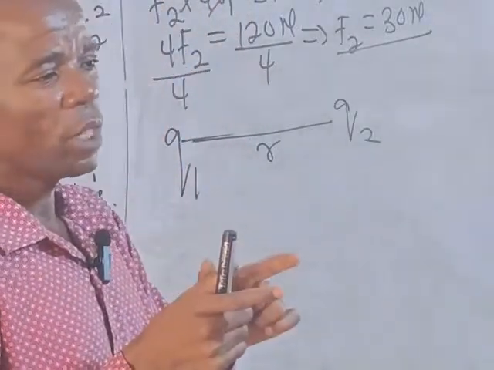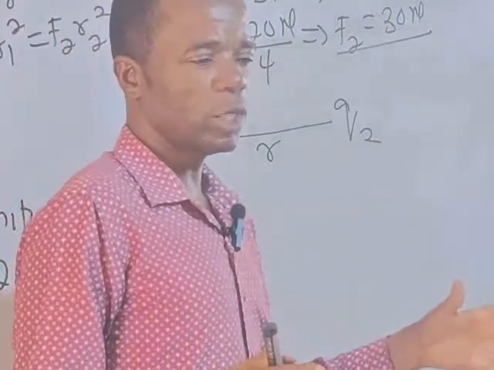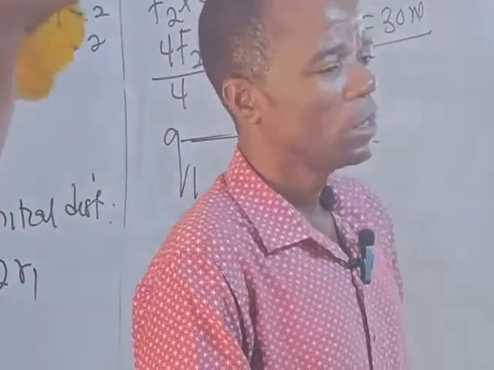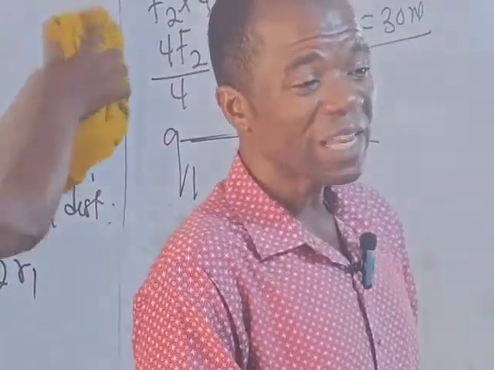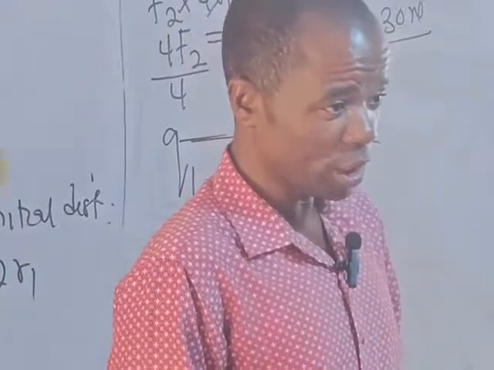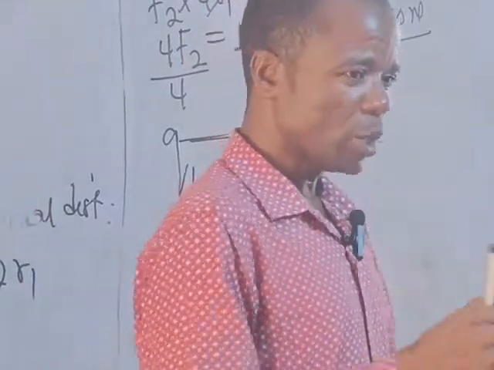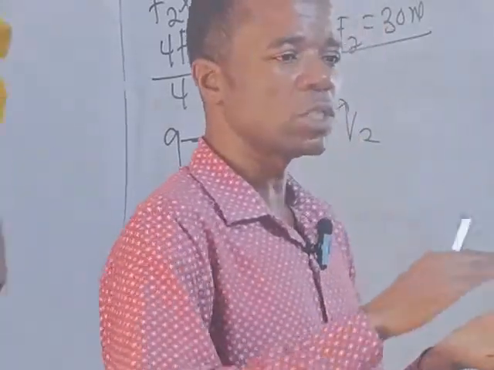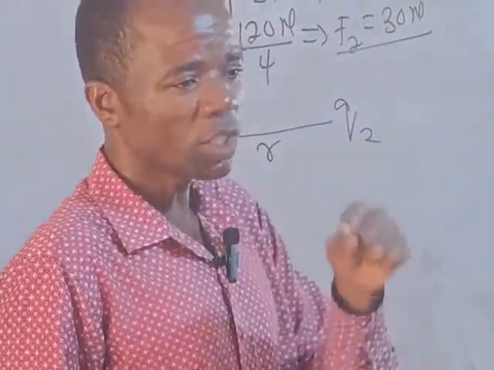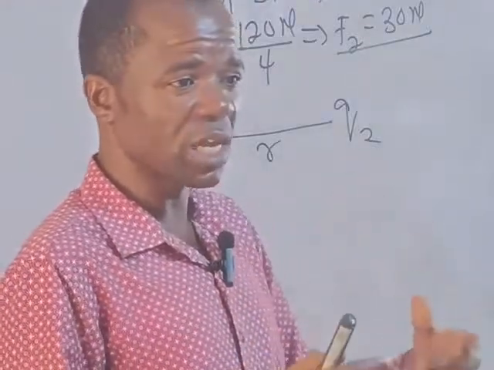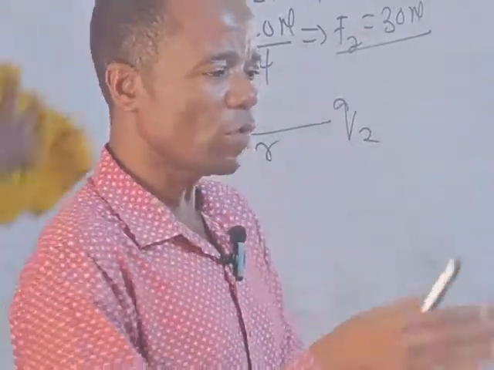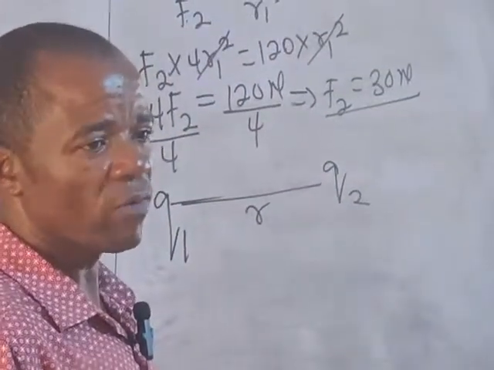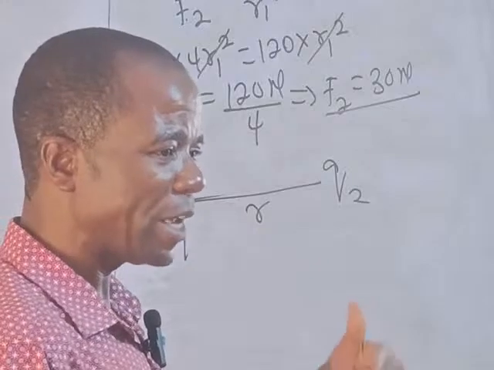So what if you now triple it? If you triple the distance between them, what do you think will happen to the force of attraction between them? It will be reduced by a factor of 9. Remember, when you double the distance, the force of attraction decreases by 4, that is, it is reduced by a quarter. But if you increase the distance by 3 times, then the force of attraction is going to reduce by 1 all over 9, multiplied by the original force.